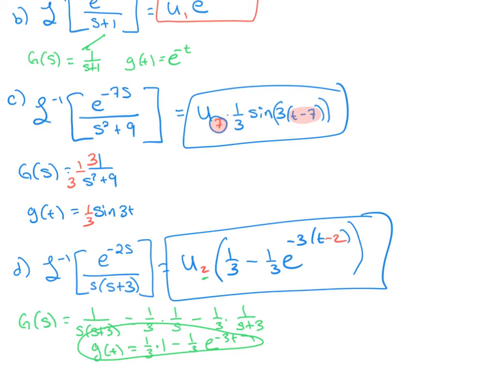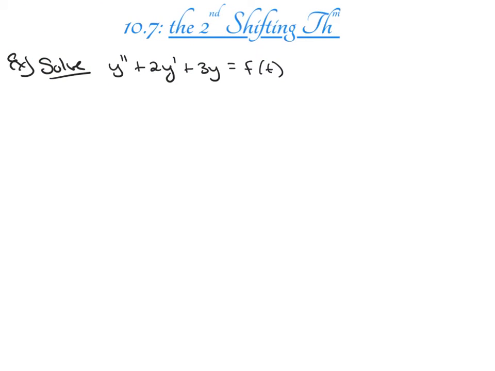I want to do 2 examples of initial value problems, and they are time consuming. I'm also going to be skipping lots of steps like I did here, where I'm doing the partial fraction stuff for you, but they're still really long problems. So let's get started. So we're going to solve y double prime plus 2y prime plus 3y equals f of t.